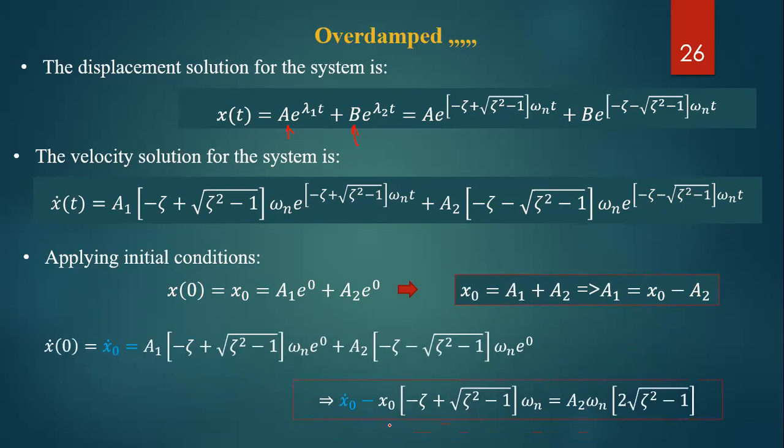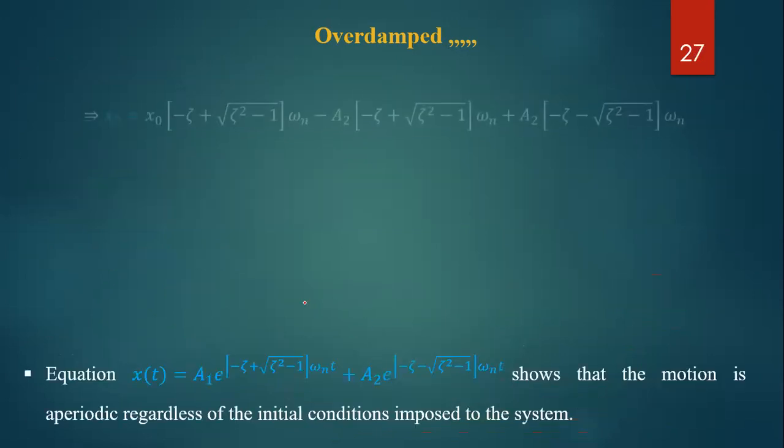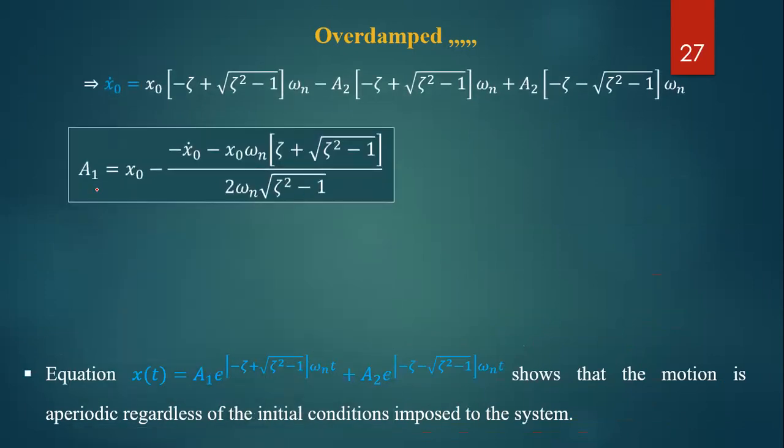Applying those initial conditions, we can find A1 and A2. A1 equals x naught dot minus x naught omega n, the whole times zeta plus radical zeta square minus 1, over 2 omega n radical zeta square minus 1.